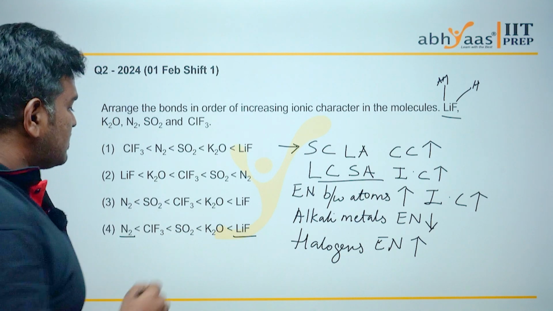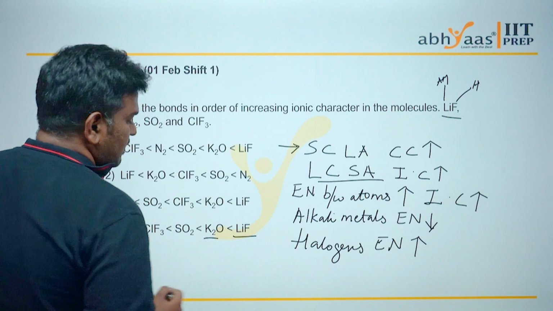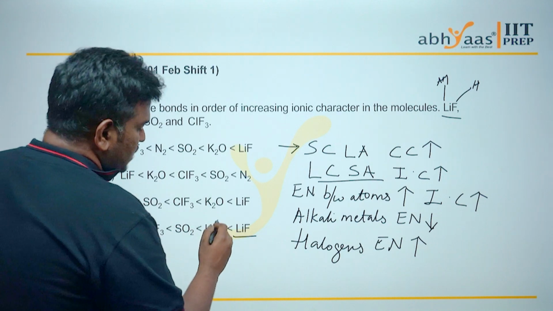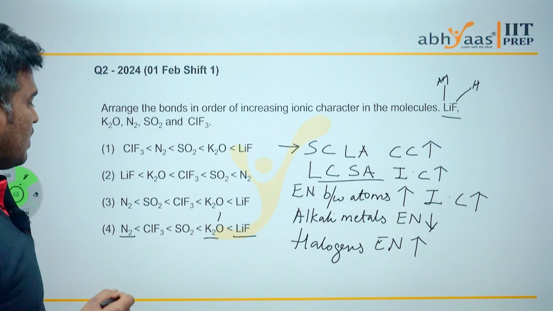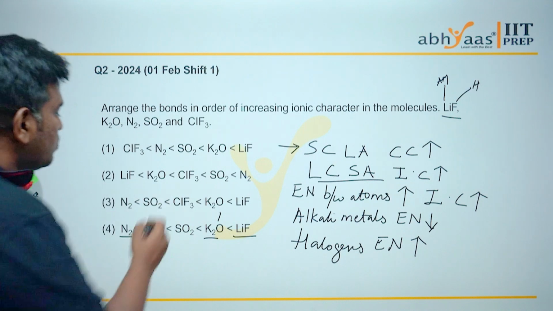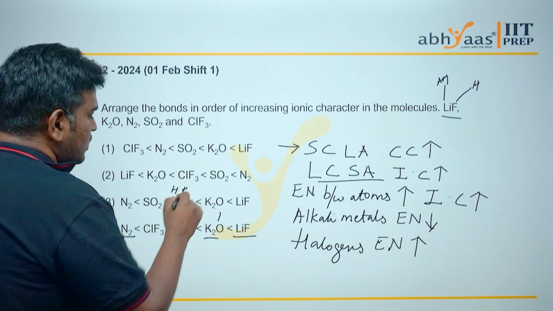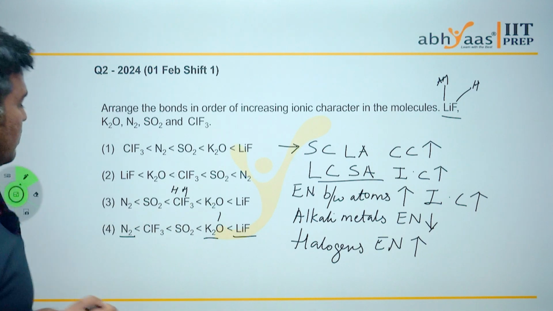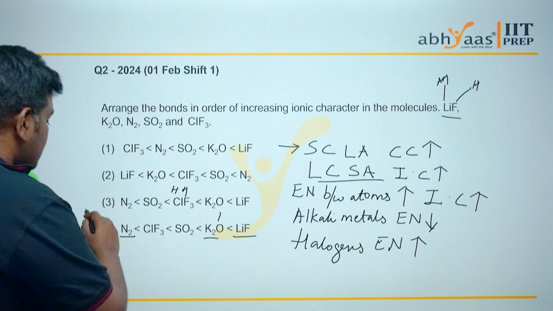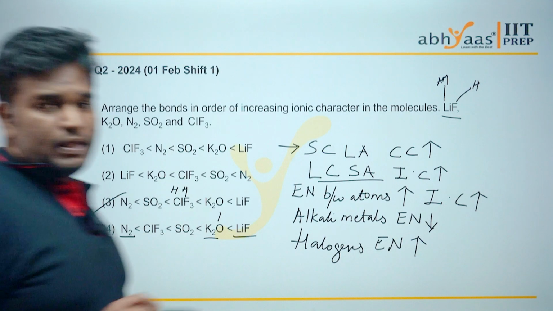And followed by, you can see here, again an alkali metal is coming and you are having a chalcogen, oxygen. So after LiF, it will be K2O. Then after that, we will be having 2 halogens here, right? So after that we will be having ClF3, then we can find out the order very easily, and the third option will be the most appropriate.